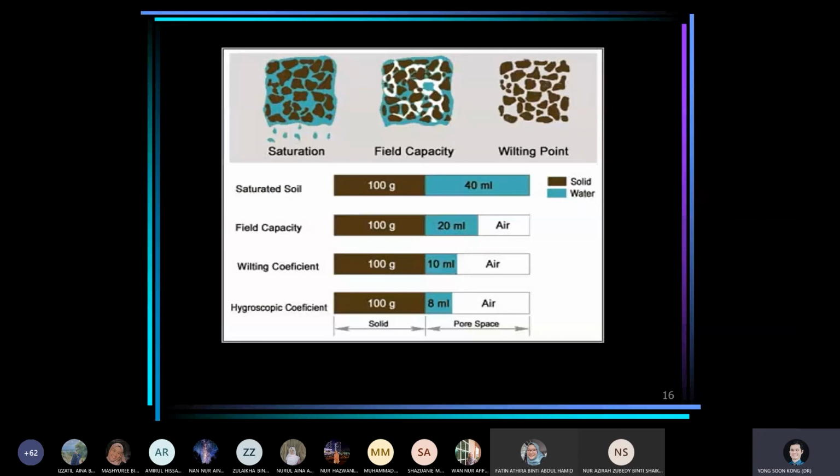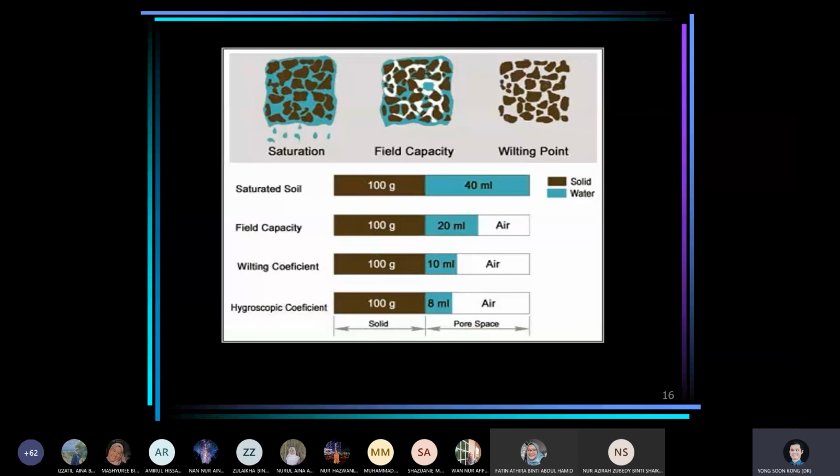If you look at saturation, there's no air space within the body of the soil. All of those pores are filled with water to the point that water starts falling down. So in saturation, no matter how big your pore is, micropore, mesopore, or macropore, everything is filled with water.